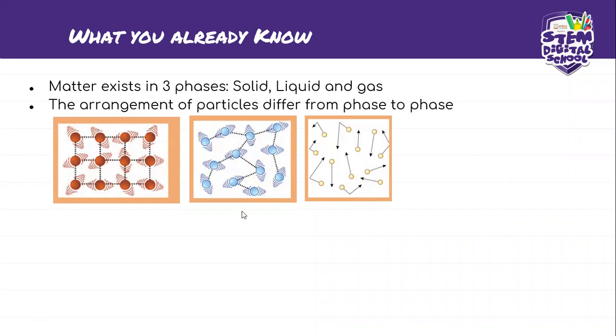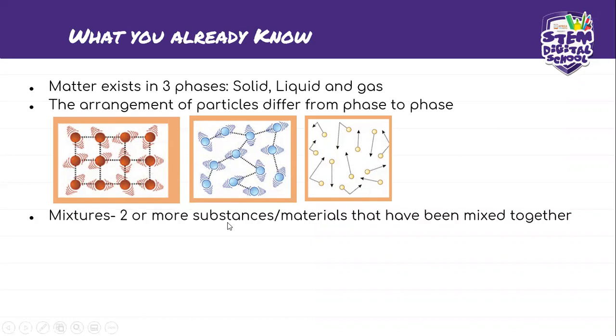Okay, so let us move on to what we should already know. What we should already know is mixtures. The definition of a mixture is two or more substances or materials that have been mixed together. That is what we refer to as a mixture. And then we have different ways in which we can separate mixtures.